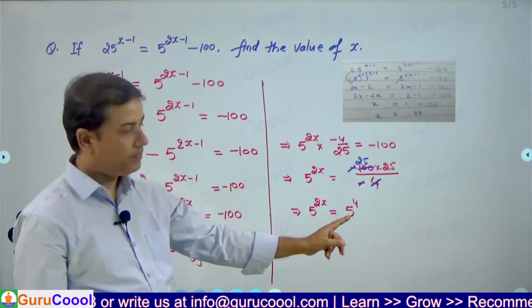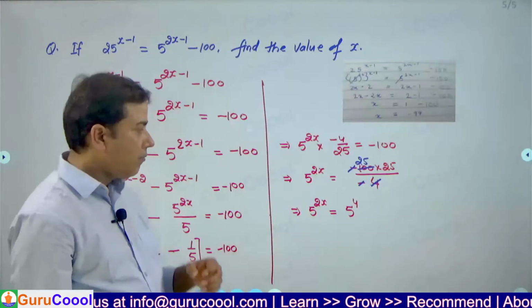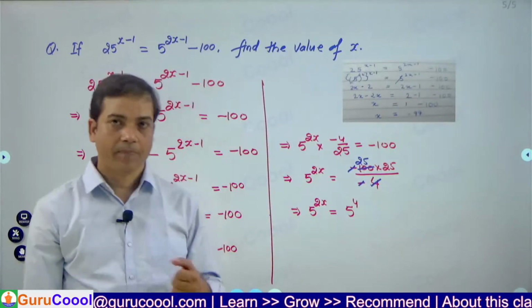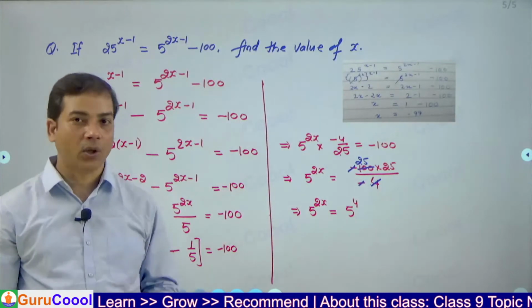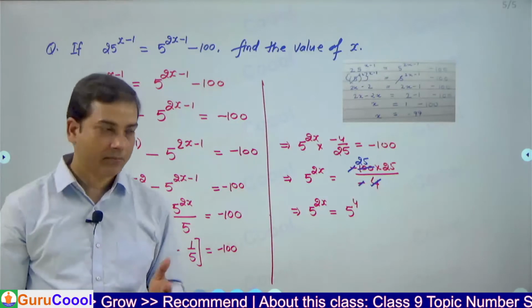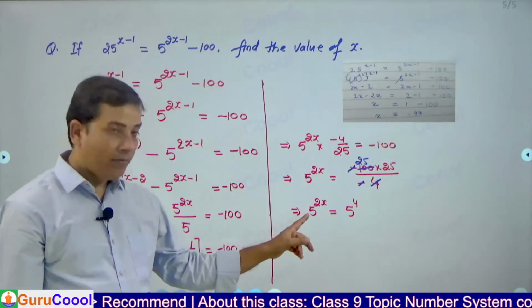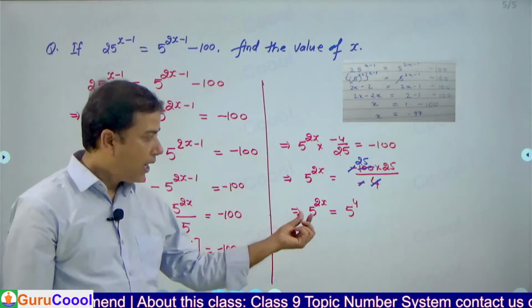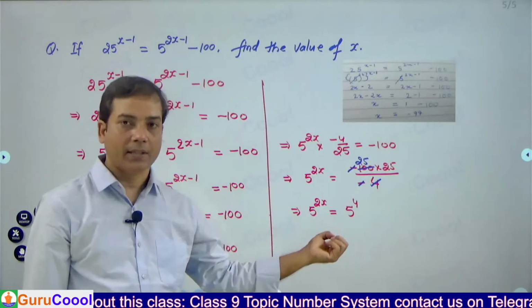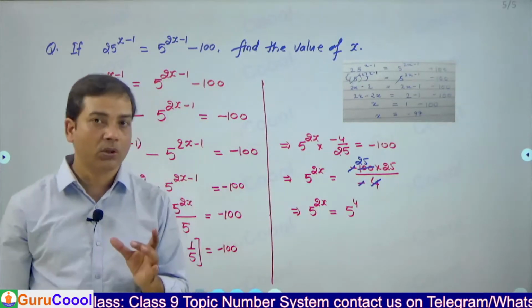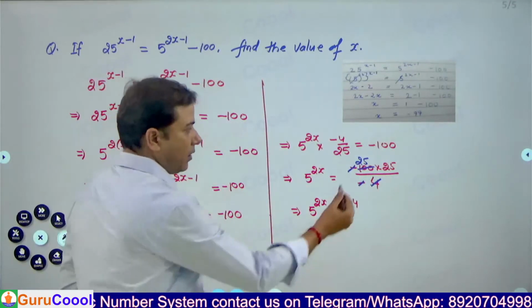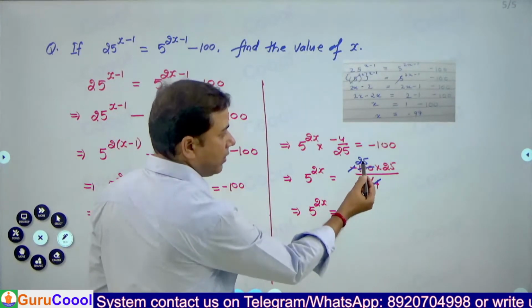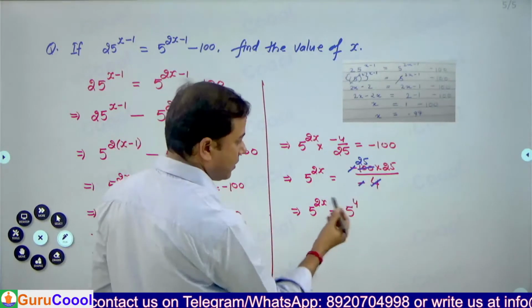Isn't that so? Yes. Act accordingly. 625 is correct, I am not saying that is wrong, but that is not according to our interest, which should be to have the same base on both sides, because we know a rule that can work here. 25 means 5 square, so 5 square into 5 square is this.